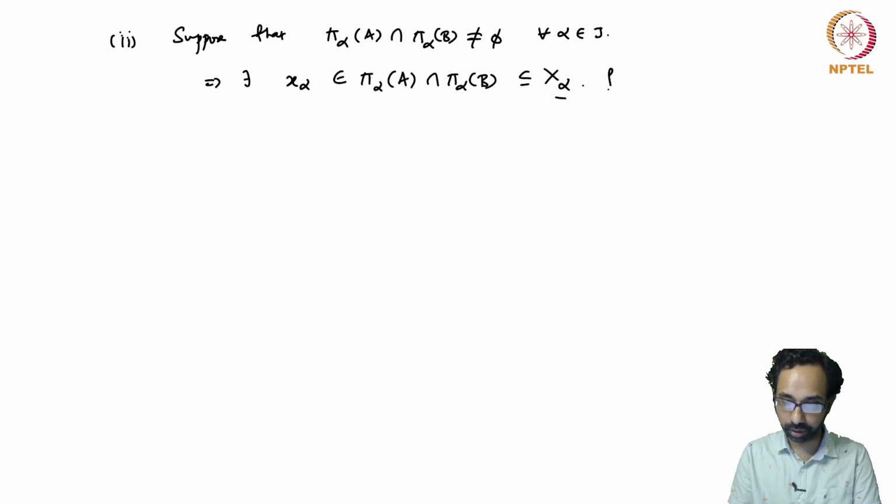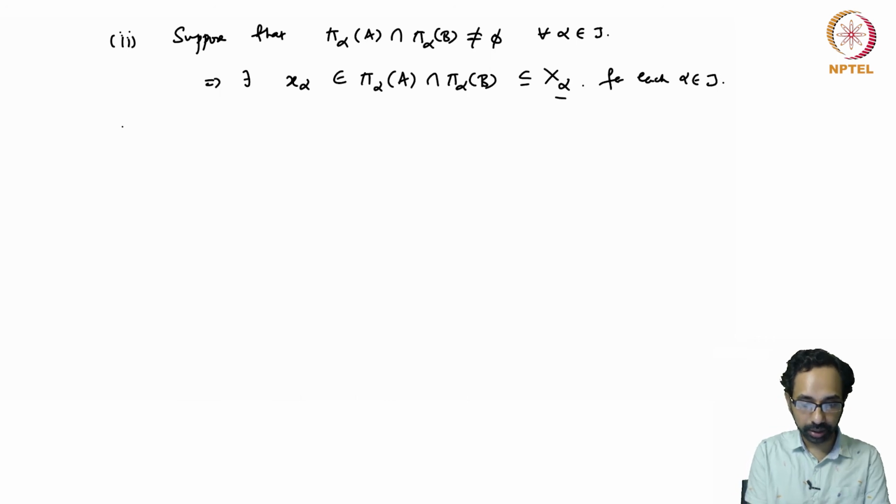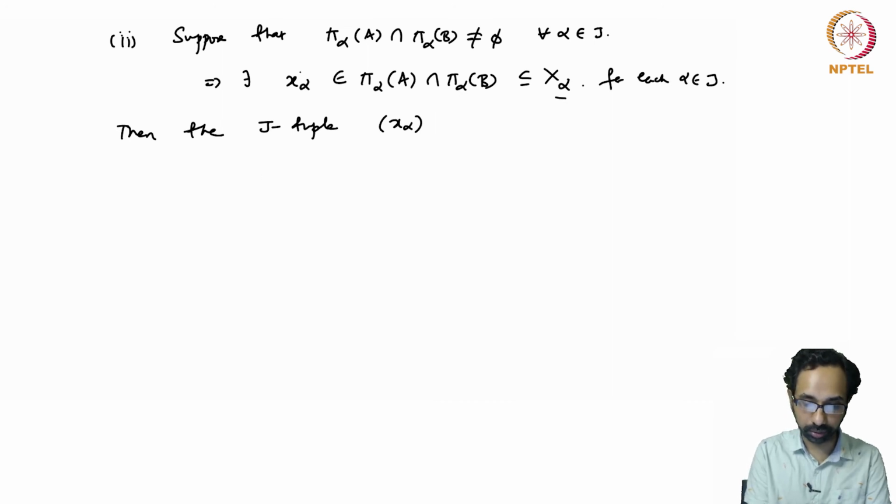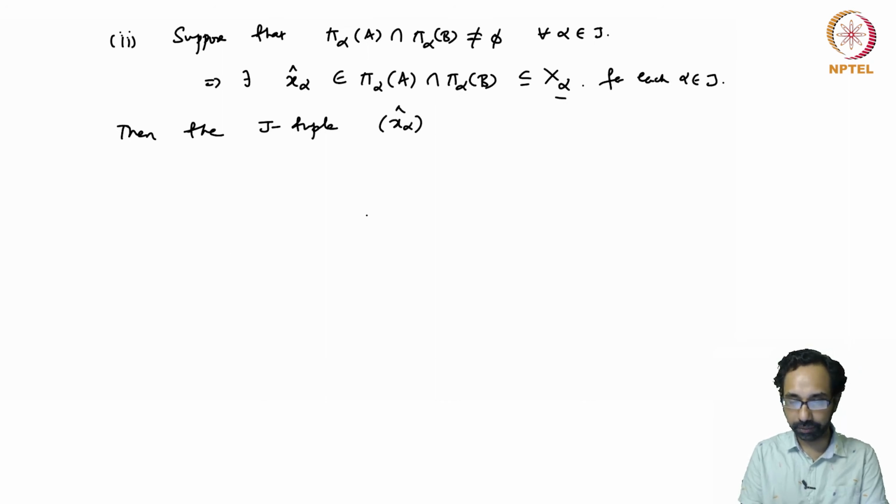So this is for each alpha in J. Then the J-tuple given by x alpha, let me denote this x alpha hat, with alpha in J, this belongs to A intersection B, right?